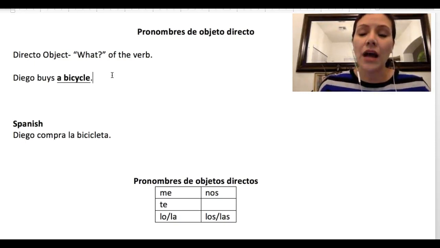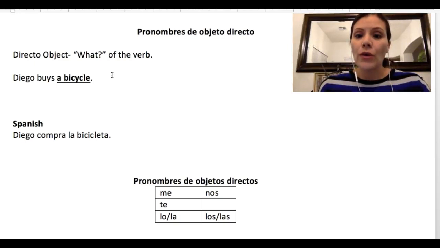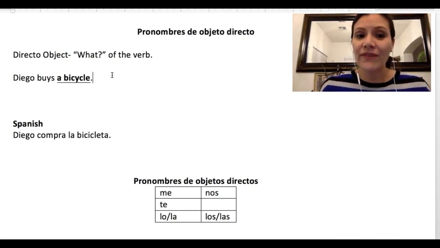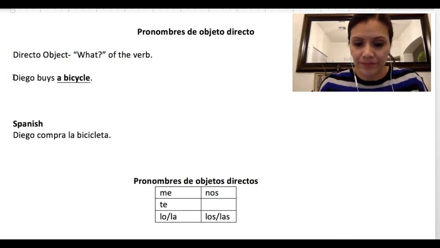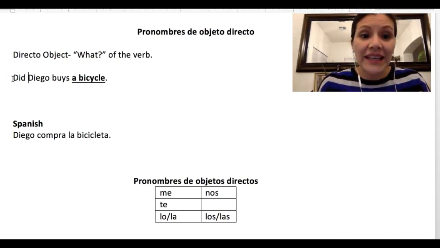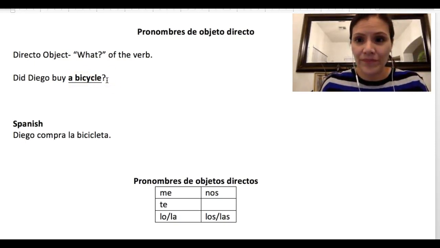Now in English, oftentimes to avoid redundancy, we substitute that direct object with a direct object pronoun. So if I were to ask, did Diego buy a bicycle?